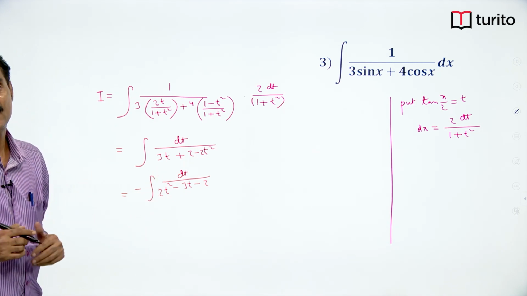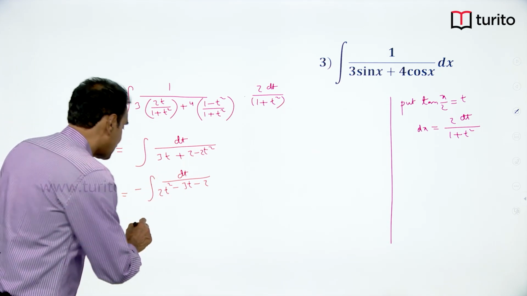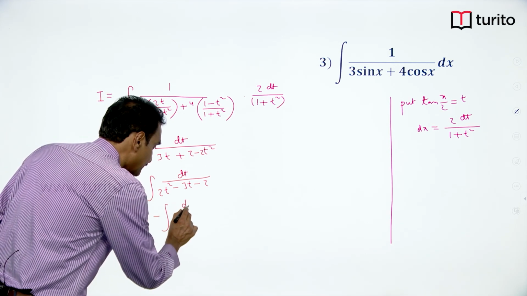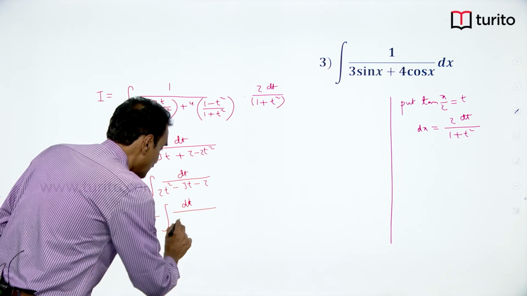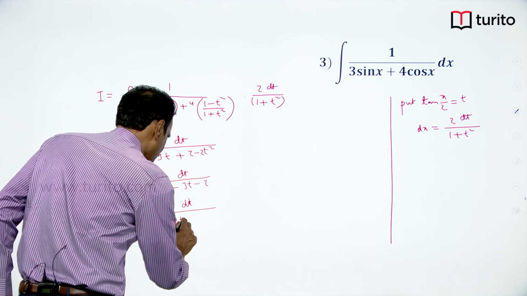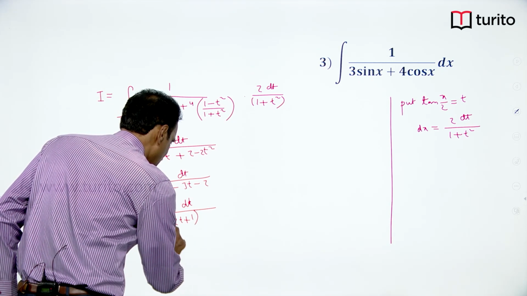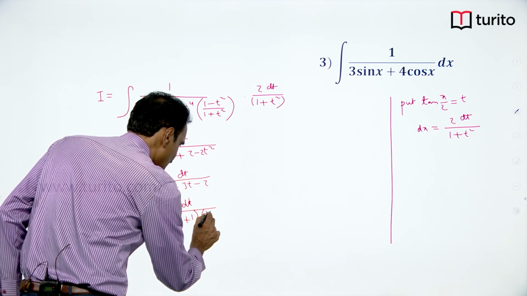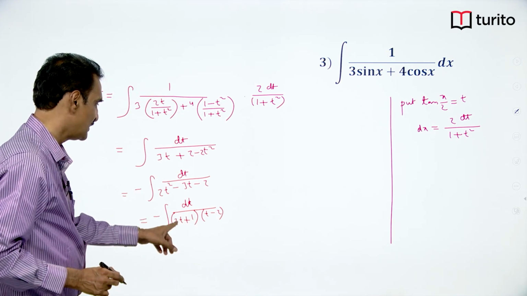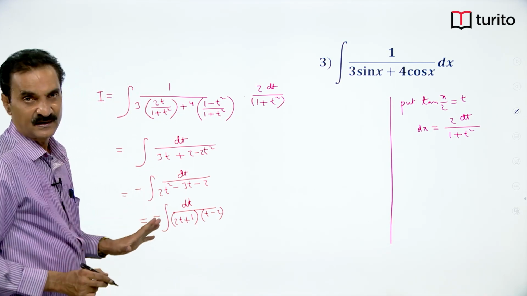So, it is factorizable. What are the factors? You know how to factorize, directly I will write. It is 2t plus 1 into t minus 2. Check, 2t square minus 2 minus 4t, yes, correct.